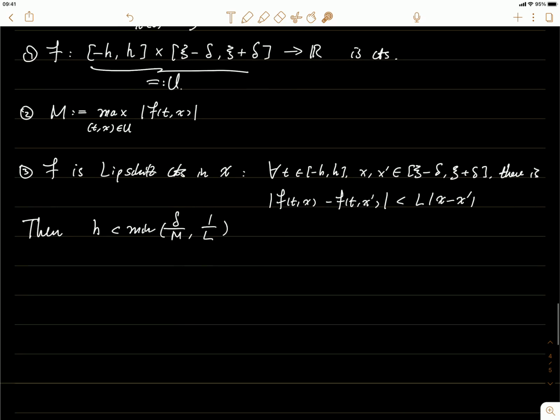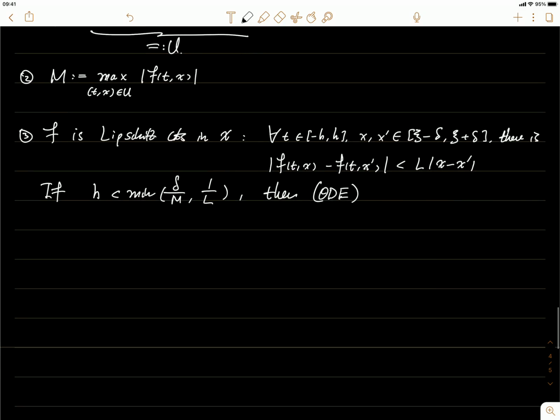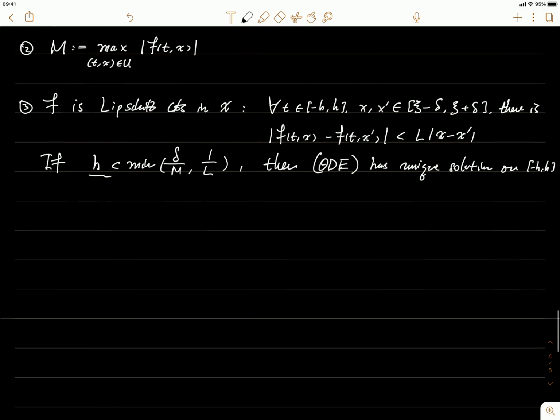As long as h is small enough, if this is true, then we can guarantee that the ODE, which is this one, has a unique solution for this particular h.